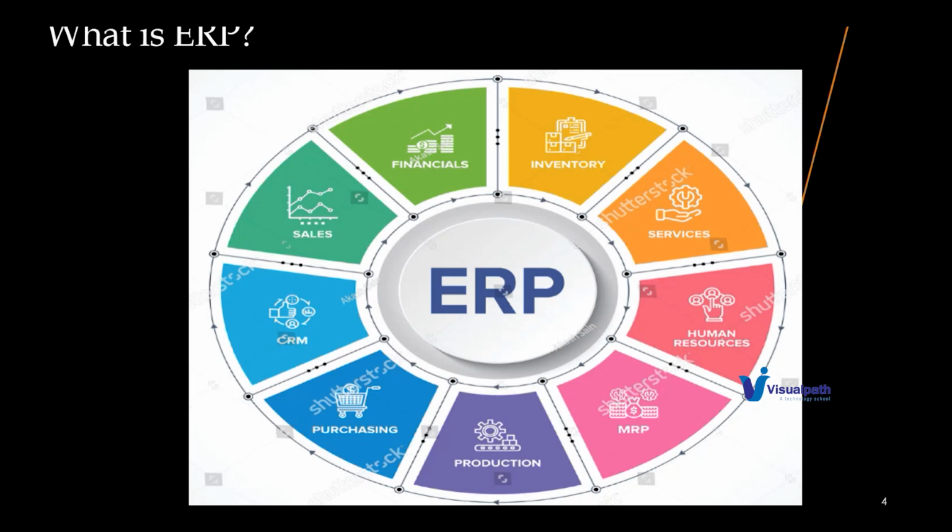Before explaining the definition of this particular ERP, I would like to take a very frequent example, which I'll take in the demo part. I'll explain that example, and then I will bring it to the introduction of Dynamics 365 F&O.